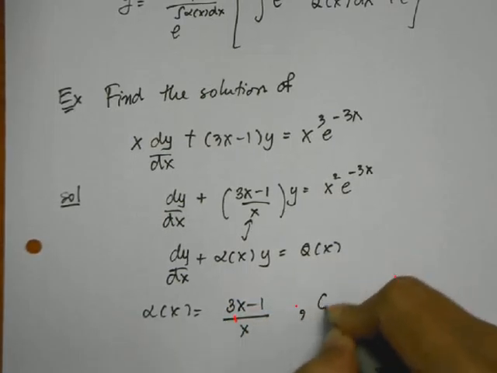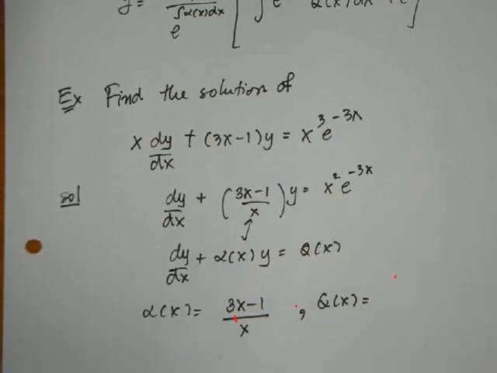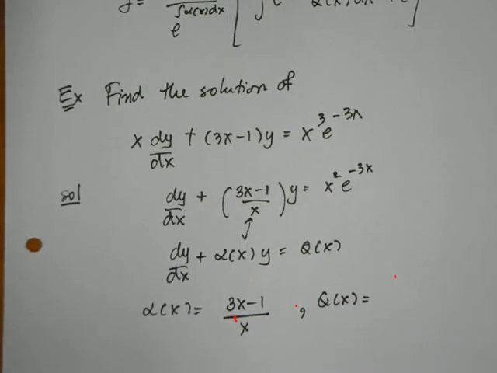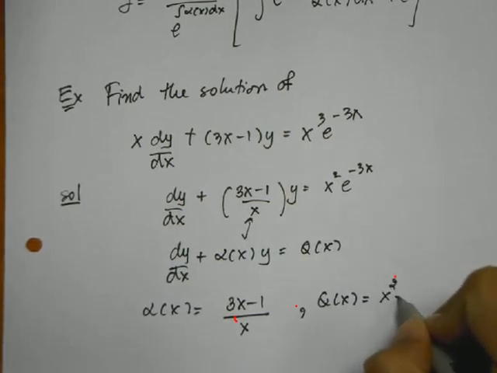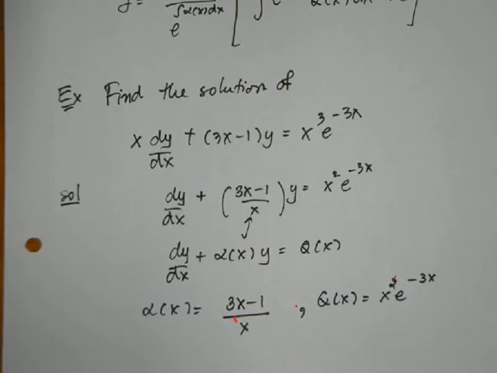And how about q(x)? q(x) is equal to x squared times exponential of minus 3x, right?